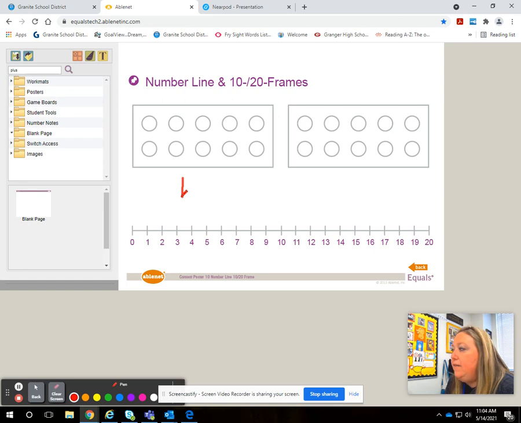So if I have a problem that looks like this, 10 plus 3 equals, oops, start over. 10 plus, so here's that plus sign, 3 equals, and then I need to put in my answer right here. This is where I begin.